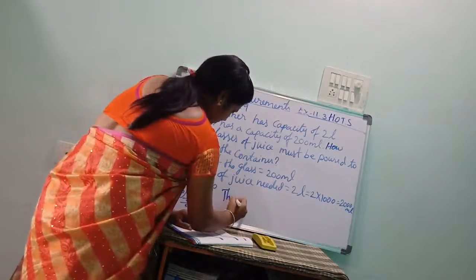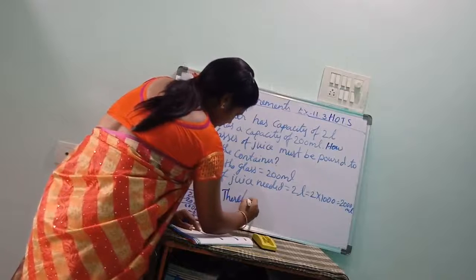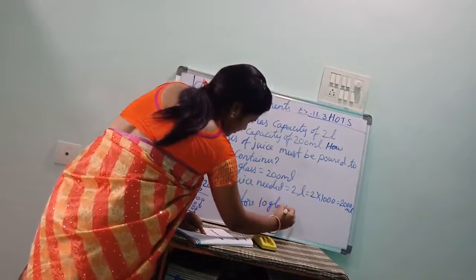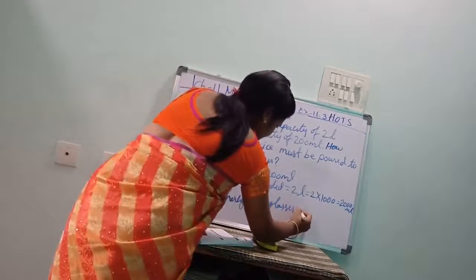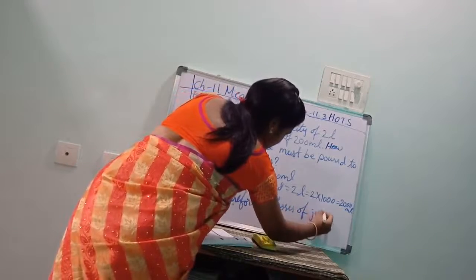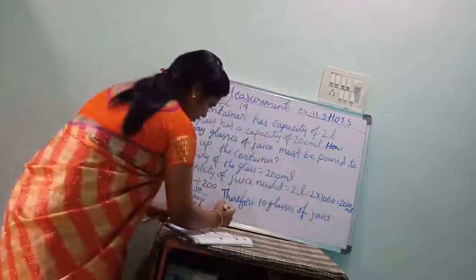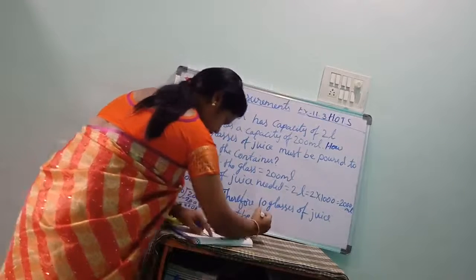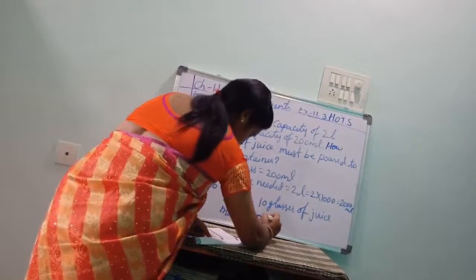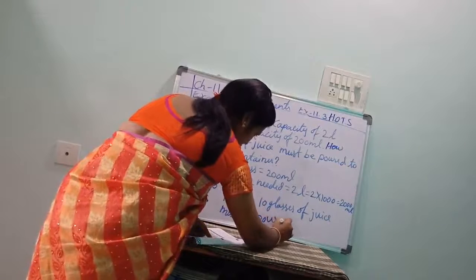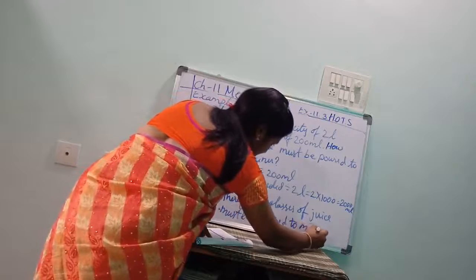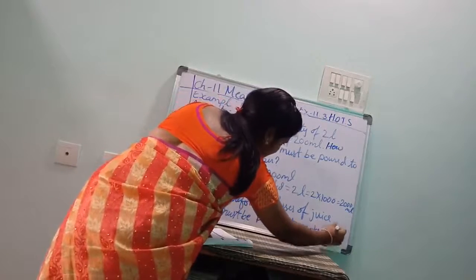Therefore, 10 glasses of juice must be poured to make 2 liters.